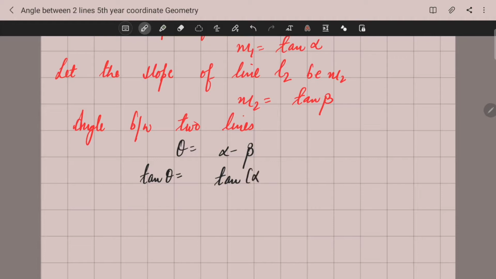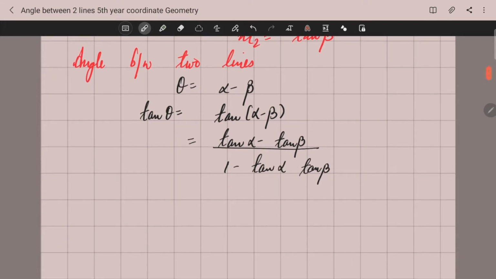Tan theta is equal to tan of alpha minus beta. And we know the formula for tan of alpha minus beta. This is tan alpha minus tan beta over 1 plus tan alpha tan beta. As we know, tan alpha is m1, tan beta is m2.